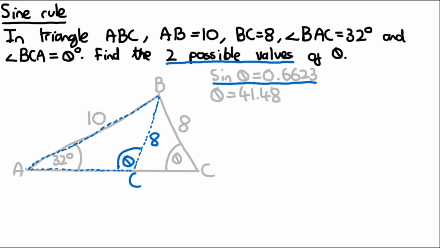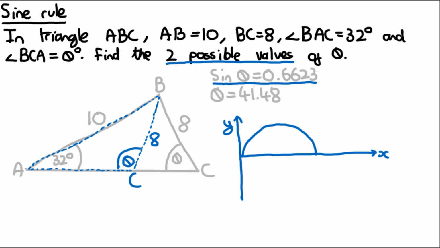If we draw out a very quick sin graph, this is the y-axis and this is the x-axis, and we draw it out like this, where this here is 0, this is 90, this is 180, this is 270, and this is 360. We'll talk more about drawing sin graphs in a few videos' time. This is the sin graph. We won't consider anything beyond 360 degrees, as theta can't possibly be that, as it's an angle.